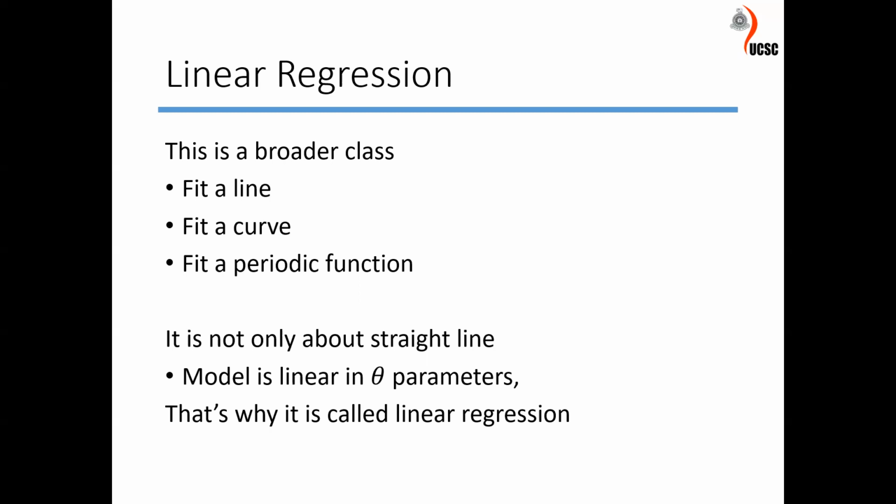So in here, if we consider the cost function of theta naught and theta 1, it's a function of theta naught plus theta 1. This function doesn't necessarily need to be a linear one. This is our model, and this model is basically linear in the theta parameters.